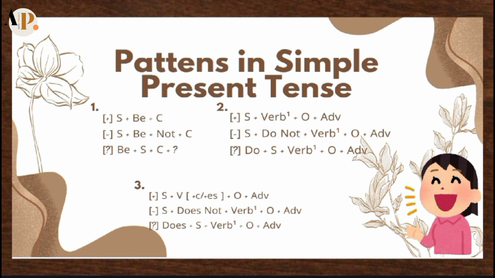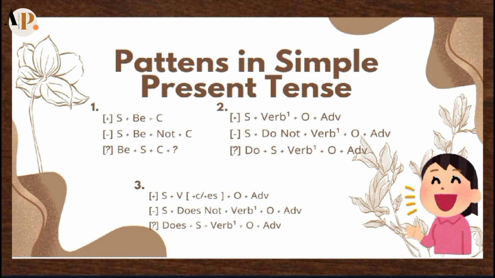If it is a question, the pattern is be plus subject plus complement. In pattern 2, if the sentence is positive, the pattern is subject plus verb 1 plus object plus adverb.